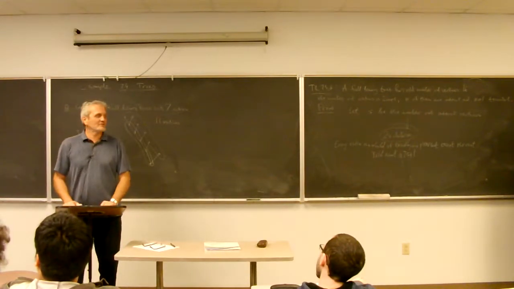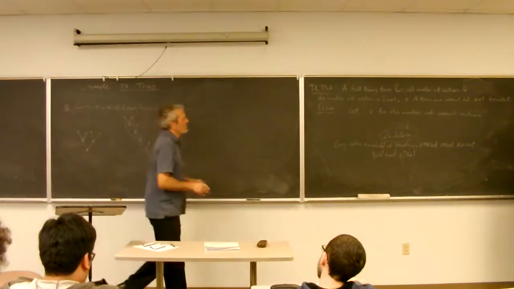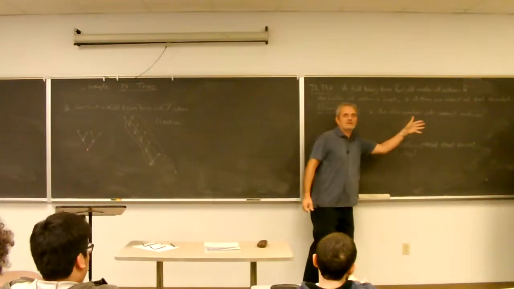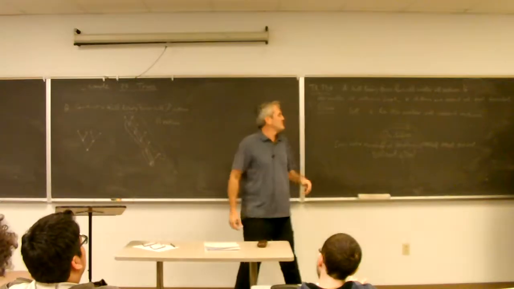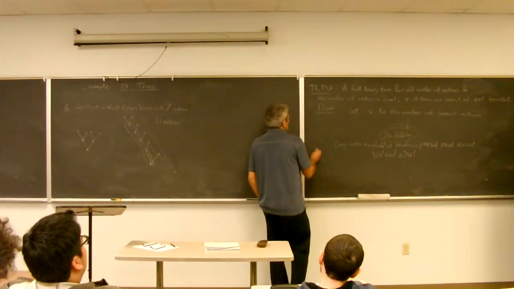All right, let me go back to this question. If it's a full binary tree, the number of vertices is 2k plus 1. Can we prove the converse?